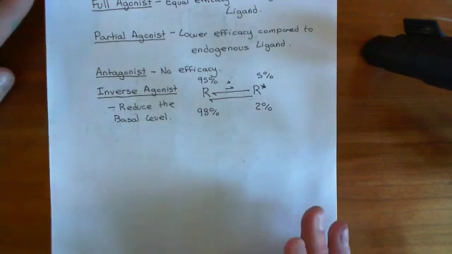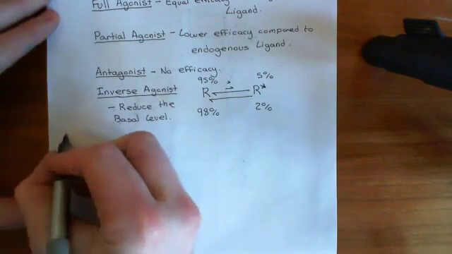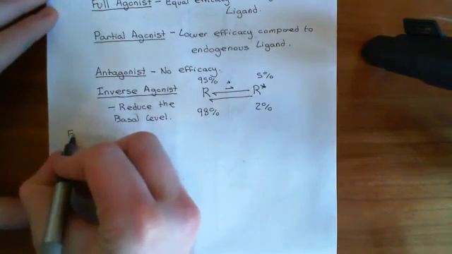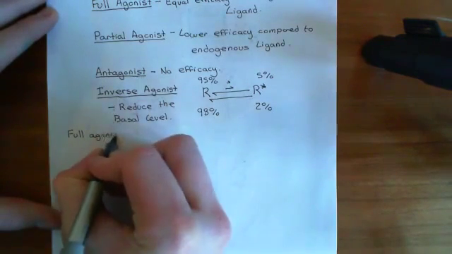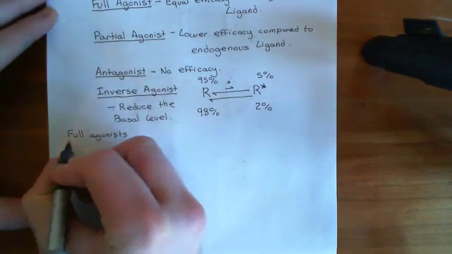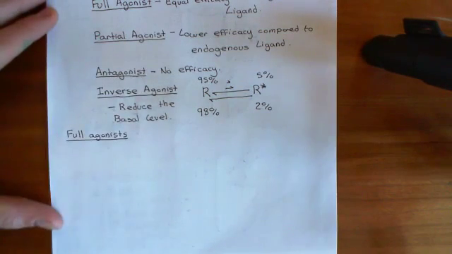So what we now want to do is look at examples of full agonists, partial agonists, and some antagonists of mu-opioid receptors. So we'll start off with full agonists. These are drug molecules which will bind to mu-opioid receptors, and their ability to activate the mu-opioid receptors is equal to the endogenous ligands.